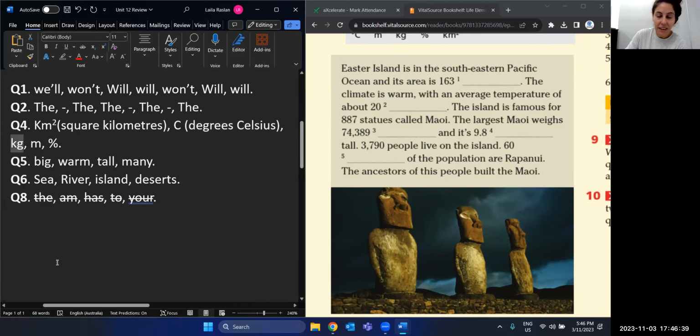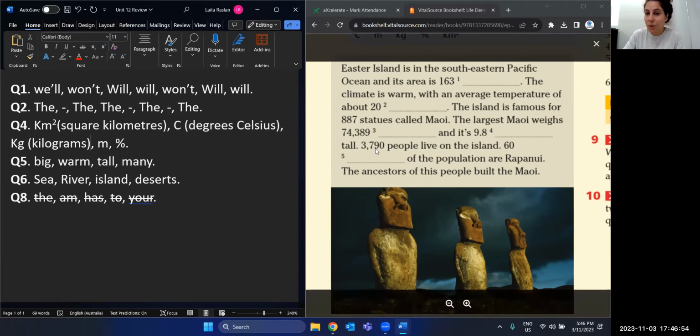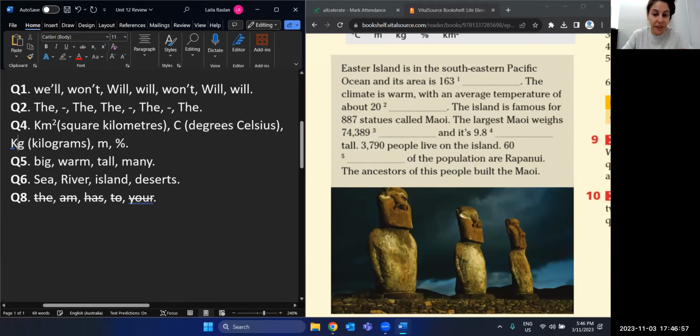Now we can write it like that, but we need to say kilograms. We don't really say kg. We say the words kilograms. So we actually say the word when we speak. When we write, we can write kg, but when we speak, we say the whole word, kilograms.